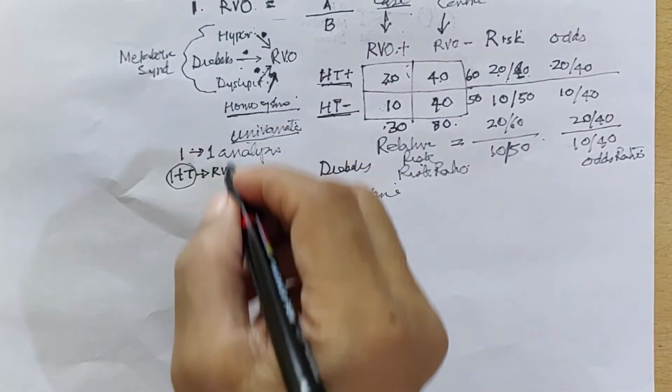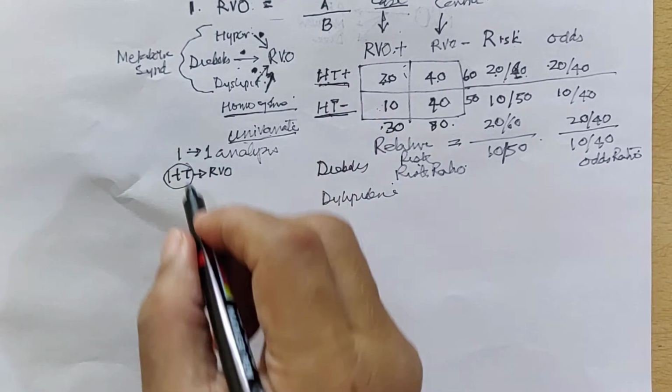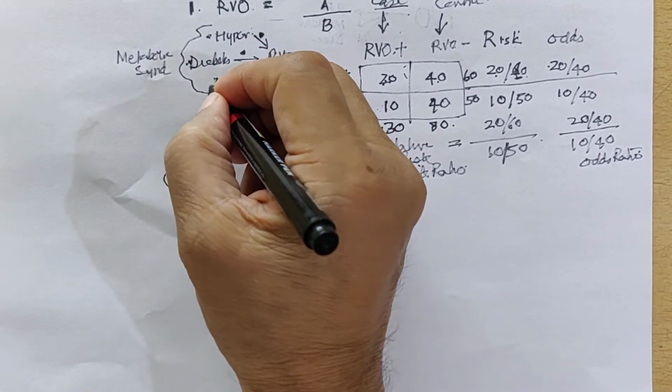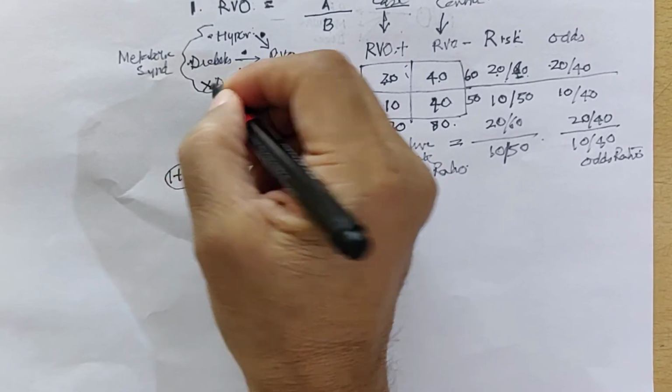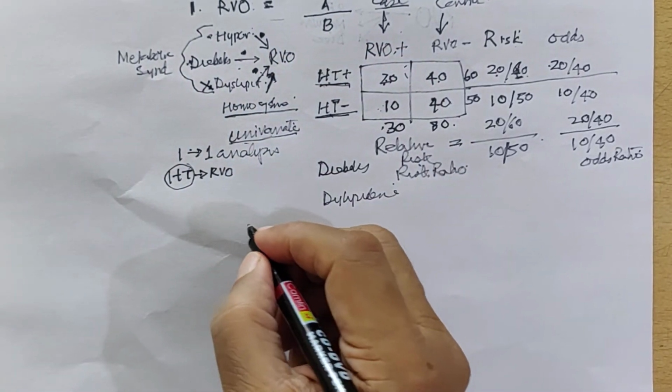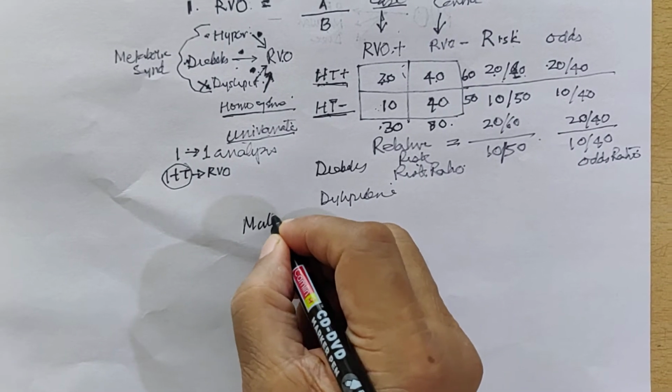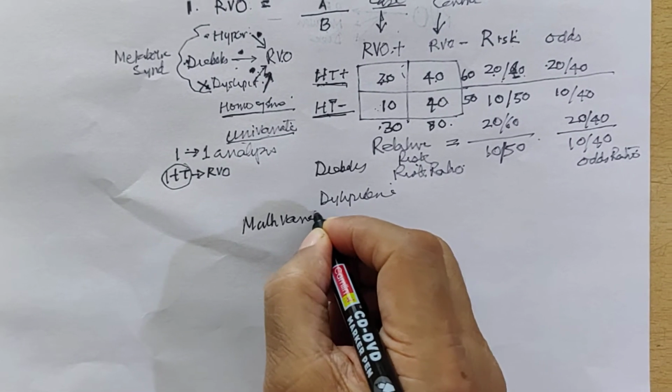But if you take all the significant determinants, this may be significant, diabetes may be significant, dyslipidemia may not be significant. So then you use what is called multivariate analysis.